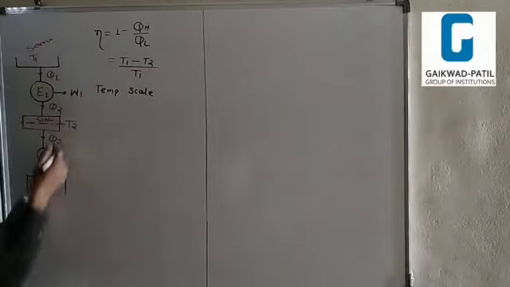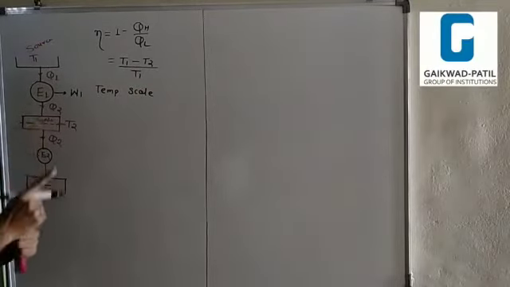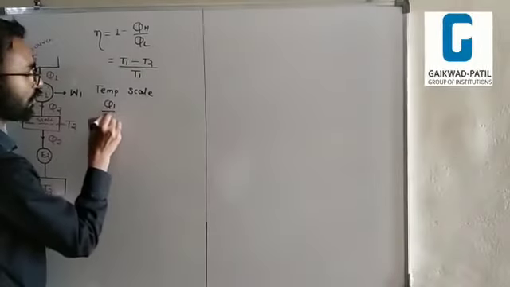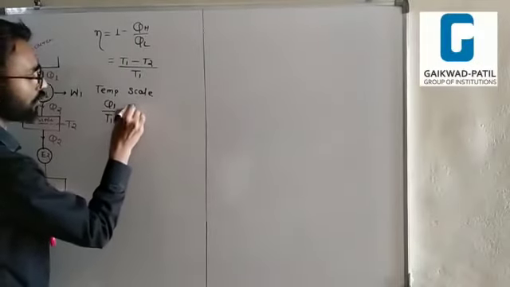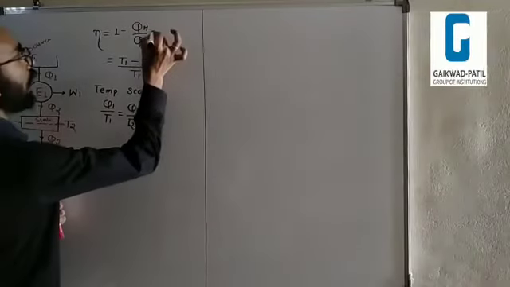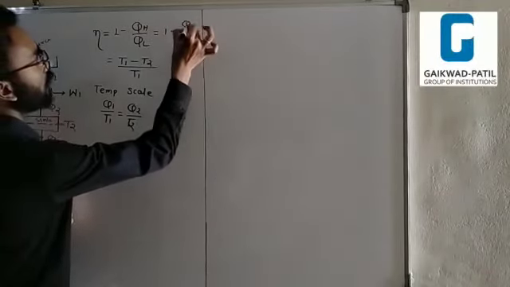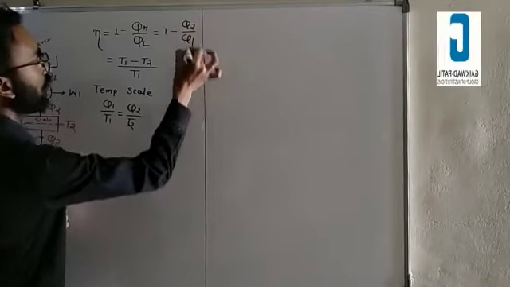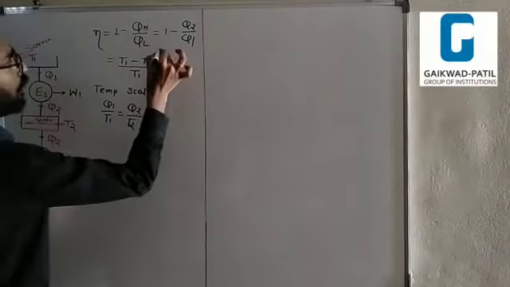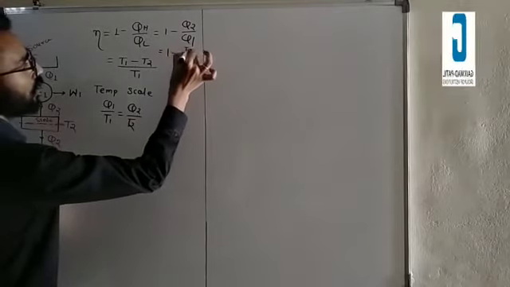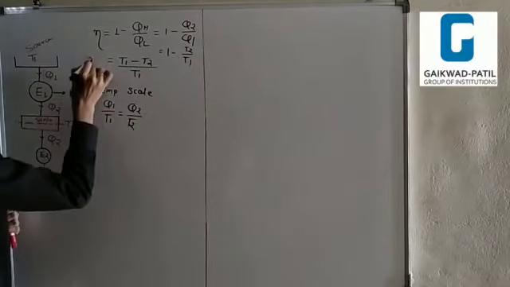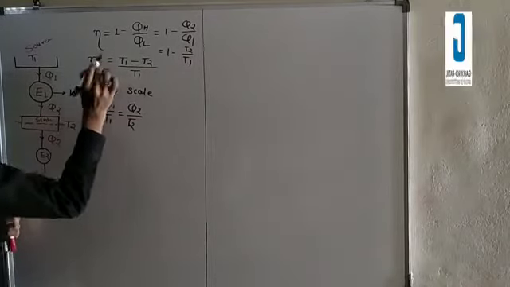In the case of reversible engines, both being reversible, we can write Q1 over T1 is equal to Q2 over T2. So 1 minus Q2 over Q1 means 1 minus T2 over T1, that is T1 minus T2 over T1, the efficiency of the heat engine.